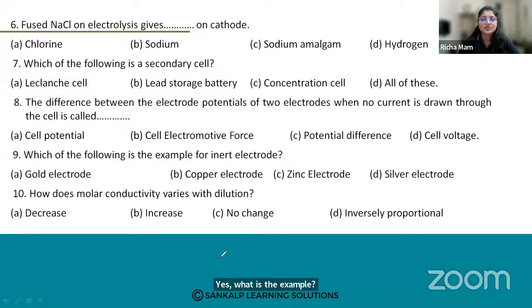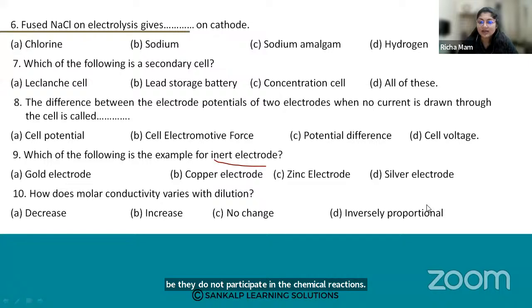What is an inert electrode first of all? Inert electrodes are those electrodes which do not participate in the chemical reaction. They do not take part in any chemical reaction in a cell. There won't be any reaction occurring at the inert electrode.